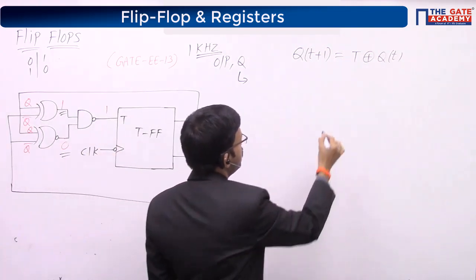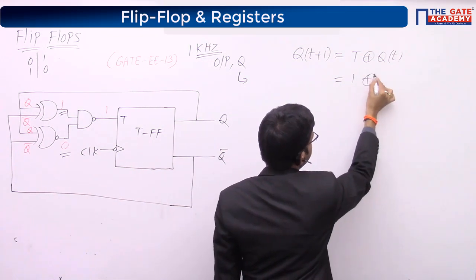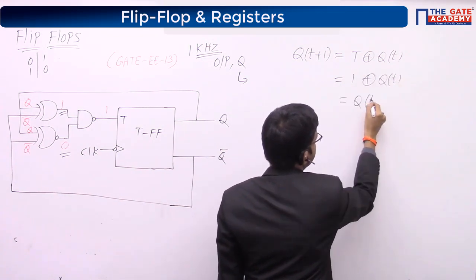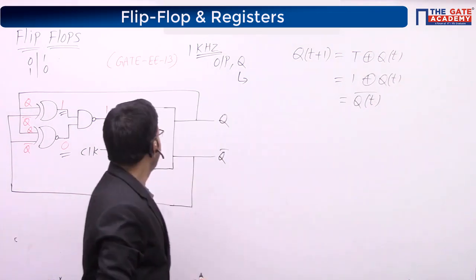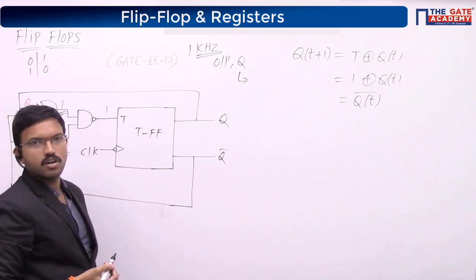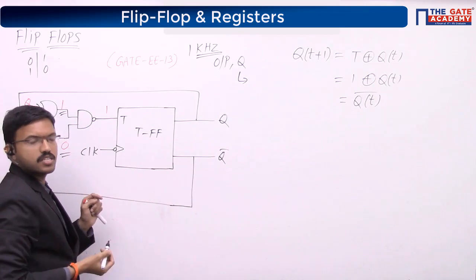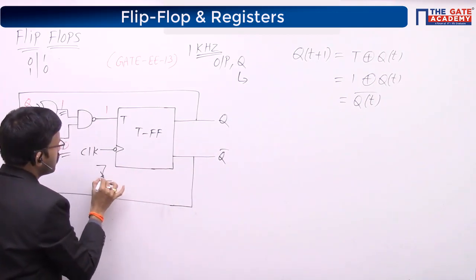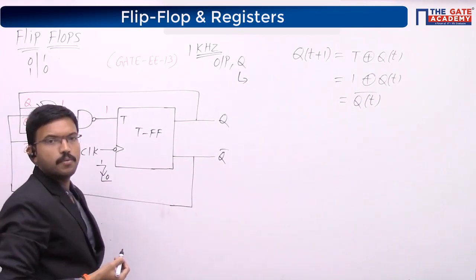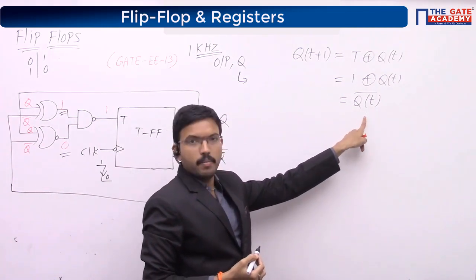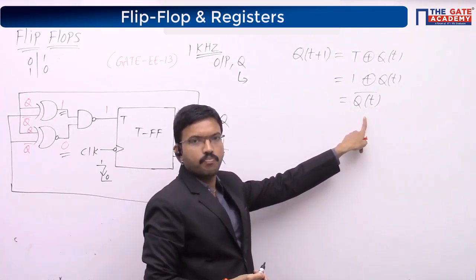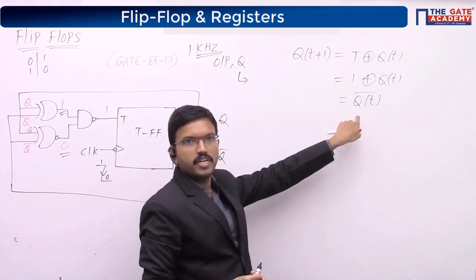So that means substitute T value 1 XOR Q(t), that is Q bar. So it is a negative edge triggered flip-flop. That means for every negative edge of the clock signal, the next state output will be equal to the complement of the present state.